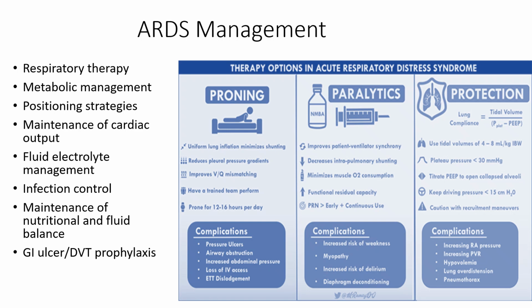If there is a suspected infection, that's when you administer antibiotics, but you're not going to give prophylactic antibiotics in most cases. You want to make sure that you are maintaining their nutritional and fluid balance. A lot of times these patients are going to need diuretics. You want to make sure that you have GI and DVT prophylaxis to prevent ventilator-associated events.